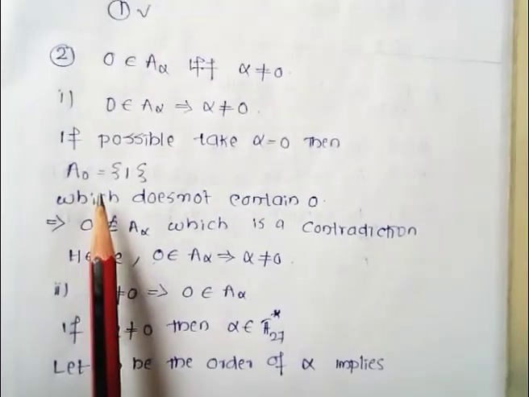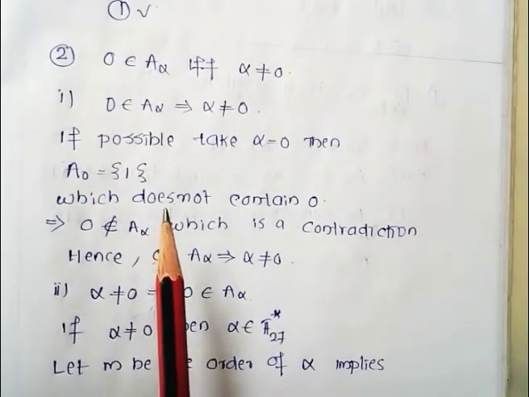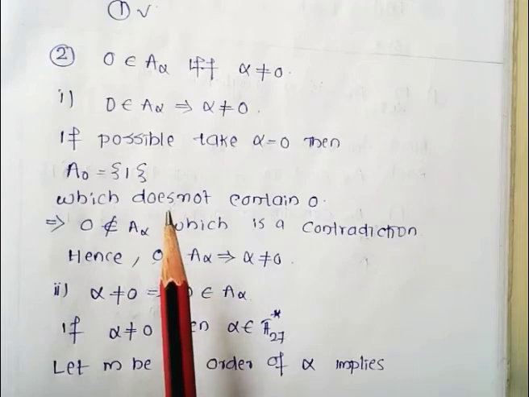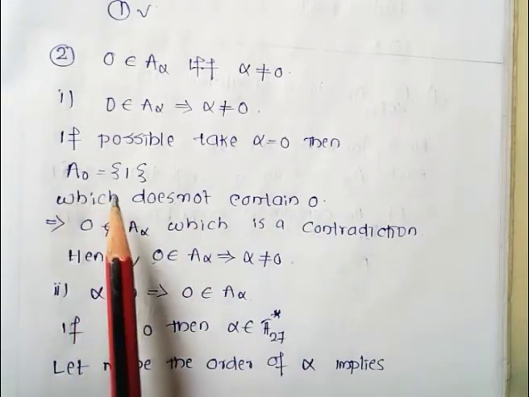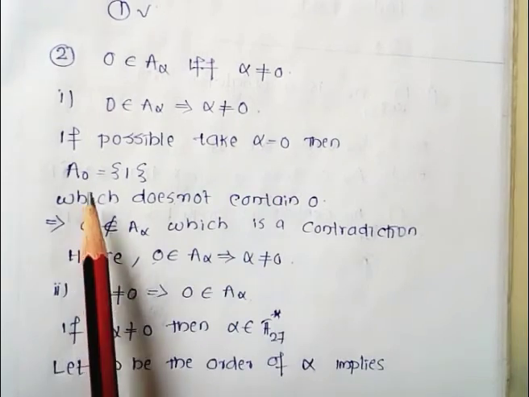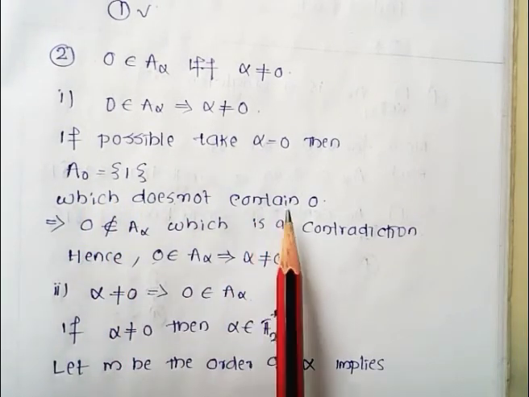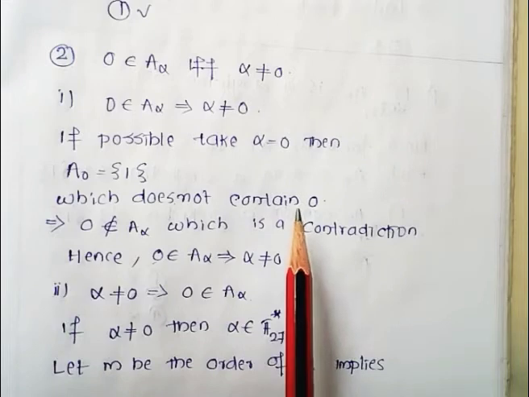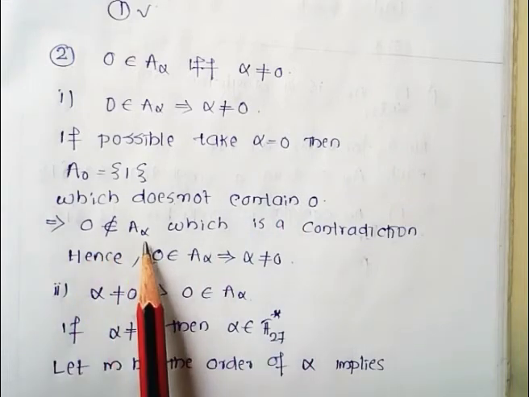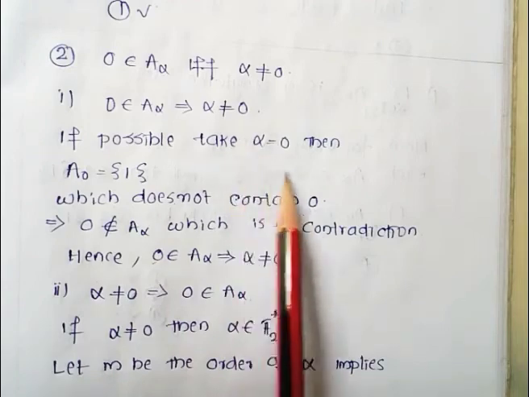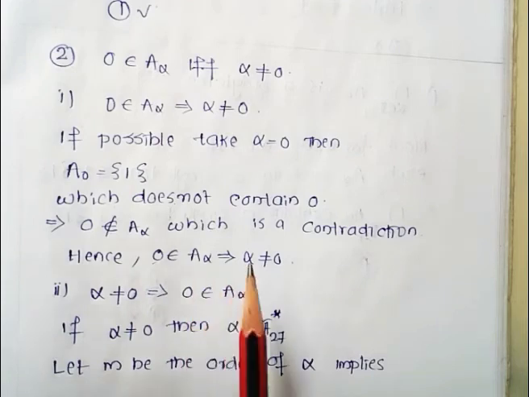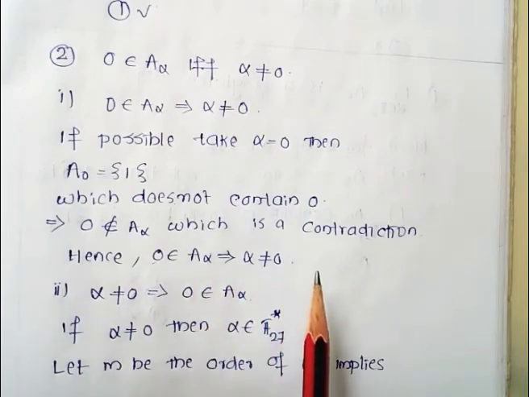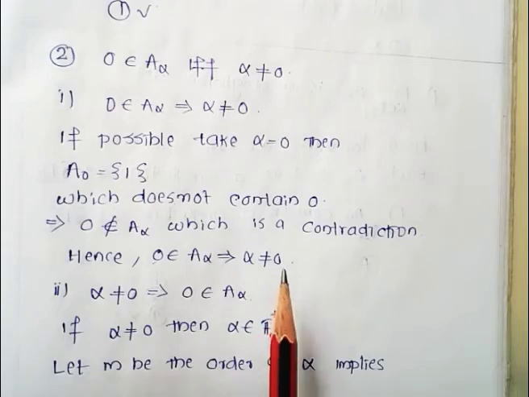Then we get A0 is equal to the singleton set 1, because A alpha is the collection of 1, 1 plus alpha, 1 plus alpha square, etc. This does not contain 0. So we get a contradiction. Therefore, 0 belongs to A alpha implies that alpha is not equal to 0. So our first part is done.